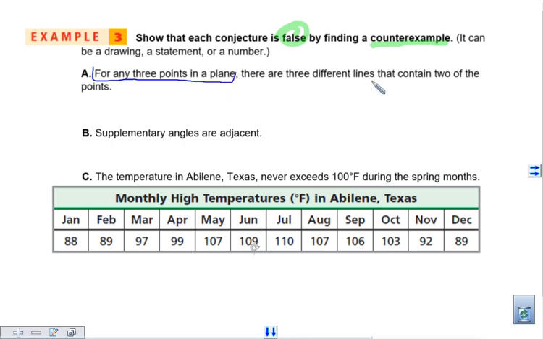There are 3 different lines that contain 2 of these points. So we don't want 3 different lines that contain 2 of these points. So in other words, we want to prove that we don't have that. What else could we have?